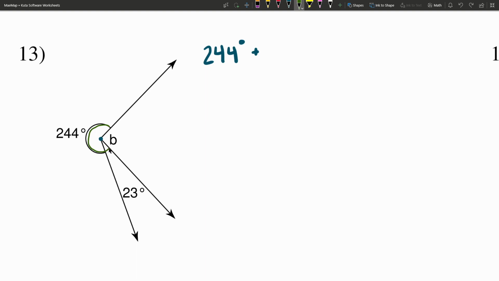We're going to add that to 23 degrees. And then also add that to B, and that's going to form that full circle, which we know is 360 degrees. So in order to solve for B, we just have to do some simple math.